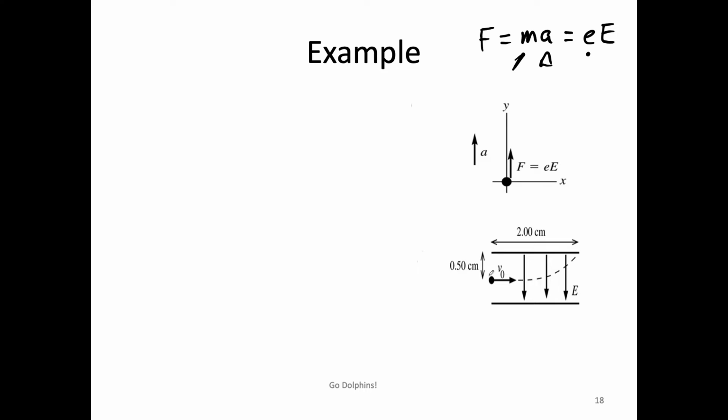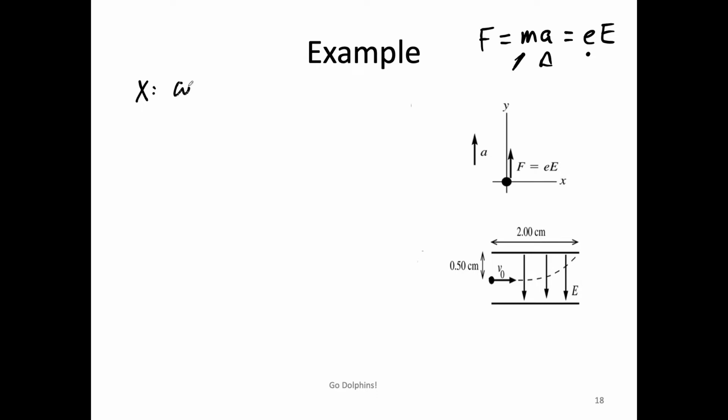Let's first look at the x direction. What kind of information can we have? Is there any force in the x direction? I would think no. There's no force in the x direction. So with the initial velocity, the electron is going to undergo constant velocity motion, because there is no force and no acceleration in the x direction.